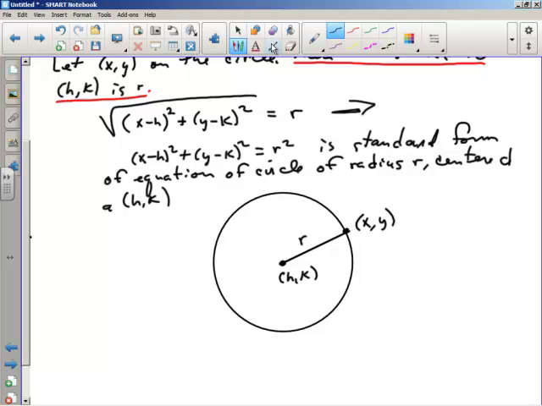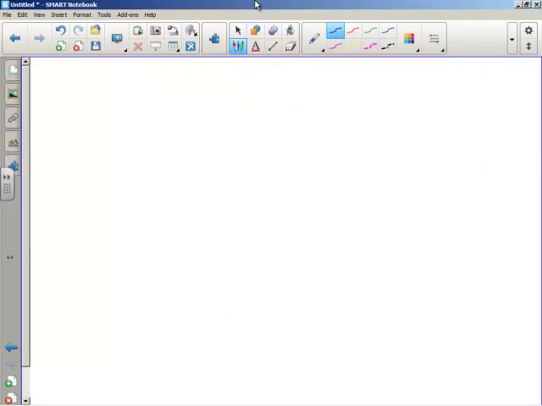Now, I'm going to give you some quick pointers on how to graph these things. And pardon the noise in between, but every time I go to a new page, that's what I need to do. Got a couple nice circles in the homework that I assigned.